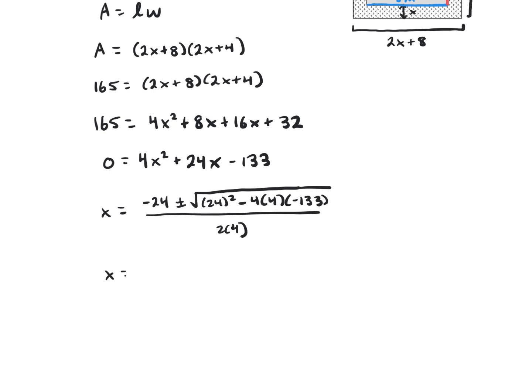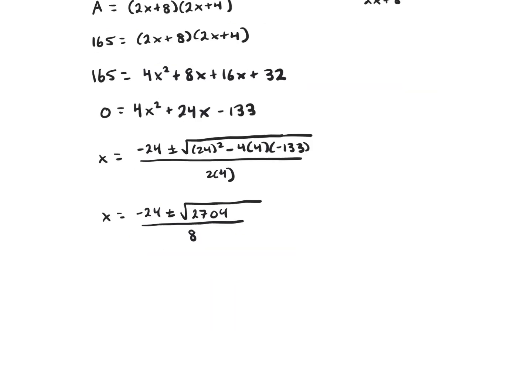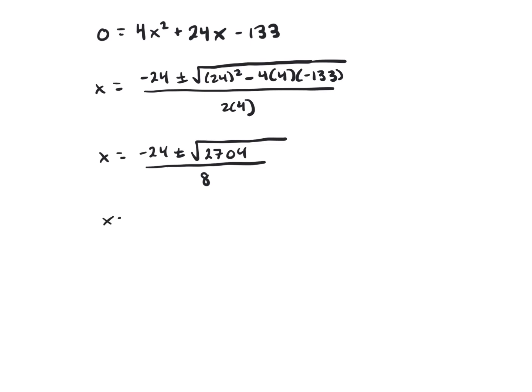So we have x equals negative 24 plus or minus the square root of 2,704 all over 8. That does end up being a perfect square conveniently. So we have plus or minus 52 all over 8. So now we will do the two separate scenarios.